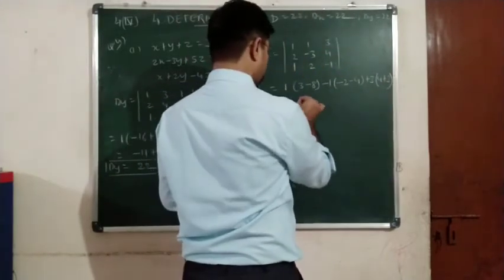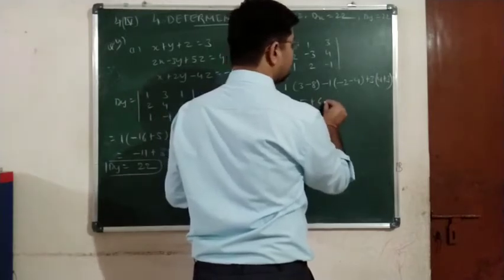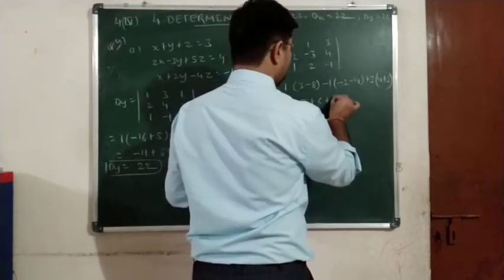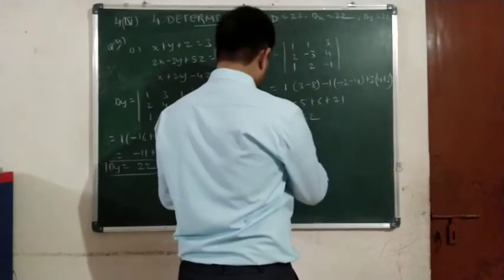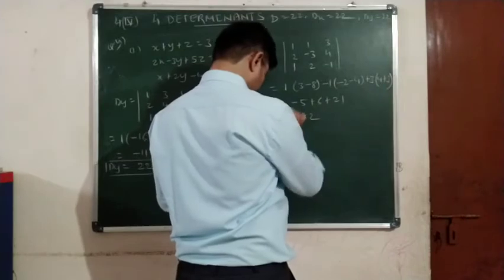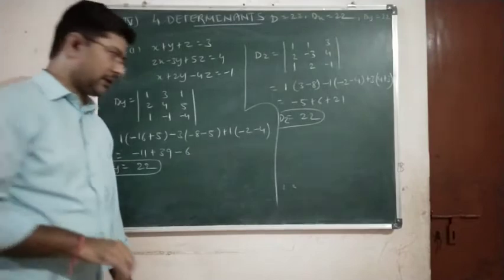So minus 5 plus 6 plus 21. So again we got 22 only for dz. Yes or no? So all the values D, dx, dy, dz are 22.